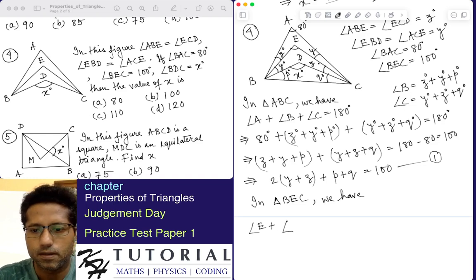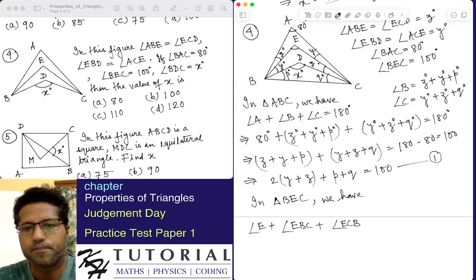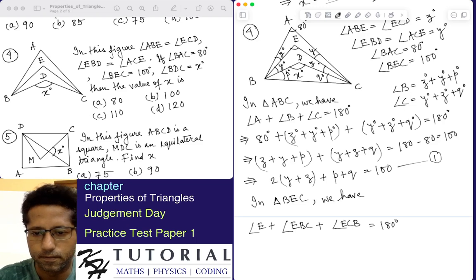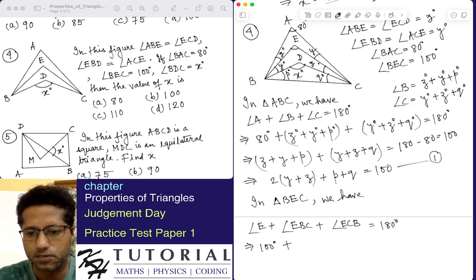We will have angle EBC plus angle ECB equal to 180 degree. Now this implies angle E, that is BEC, is 100 degree. And what is angle EBC?